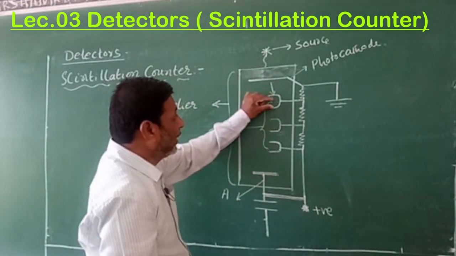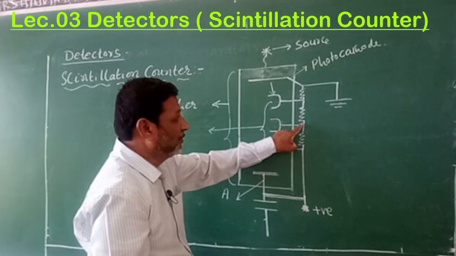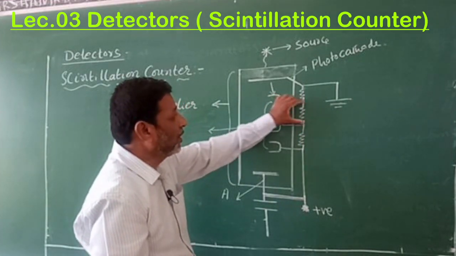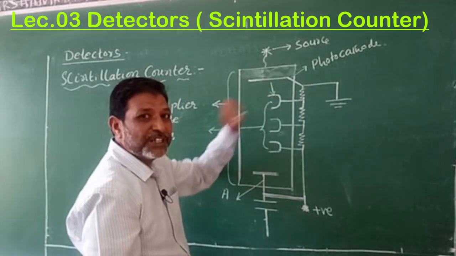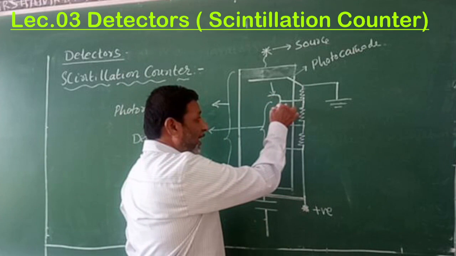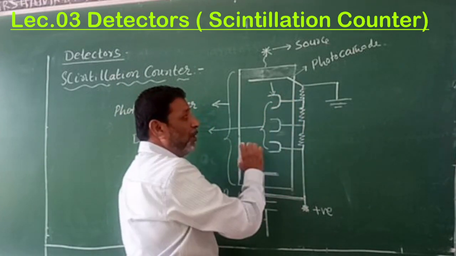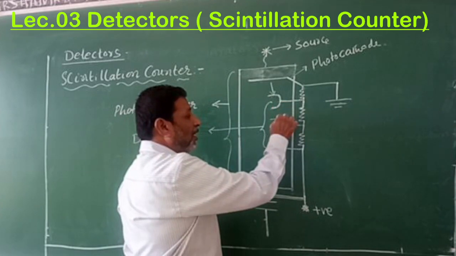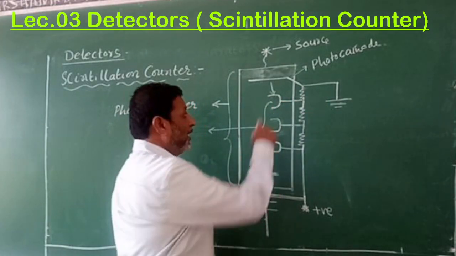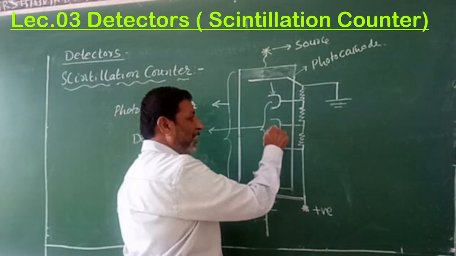Then again, a potential difference is applied here. There is some resistance here, which provides a definite electric potential. The electrons emitted from the first dynode are again accelerated under this potential difference, move forward, and strike the second dynode.